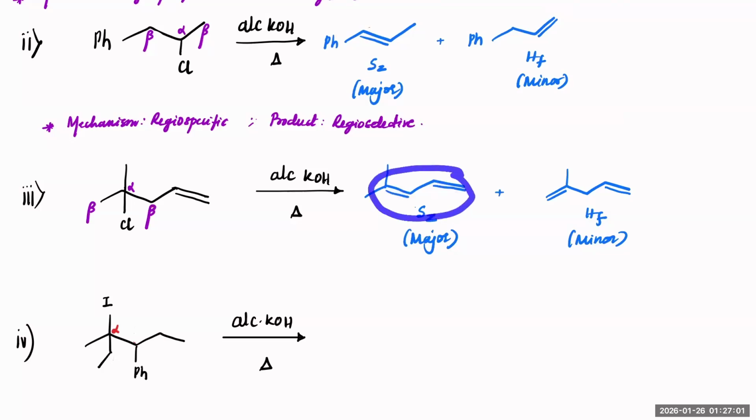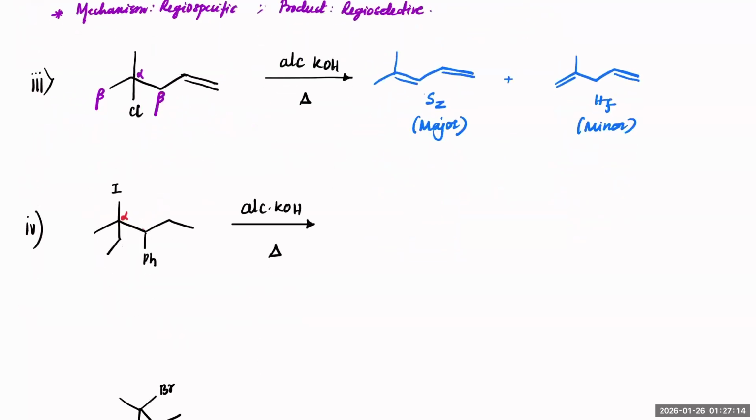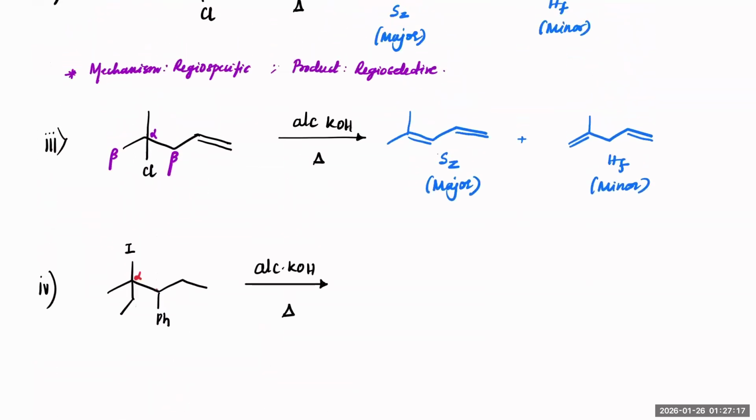So if the resonance after product formation helps it get more stabilized, that means the major product will be at a much higher percentage. So here also the same logic works. The mechanism type is regiospecific and the product is a regioselective product.